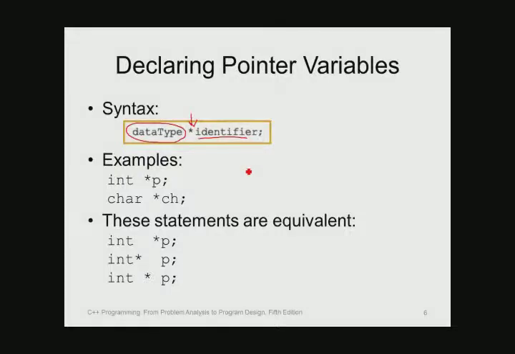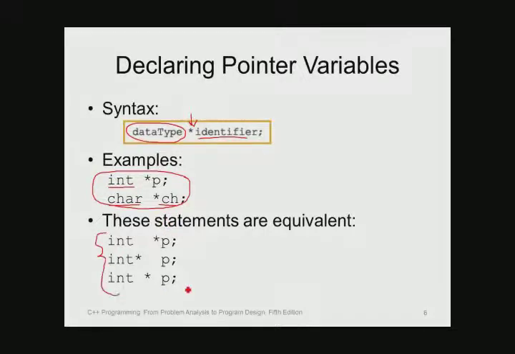You'll find that when it comes to pointers, if you're looking at others' code, they tend to use single letters for pointer variable names. So here are some examples. This is a pointer P that will hold the memory address of a location that holds integers. Here is a pointer CH that will hold the memory address of the location where you will hold chars.